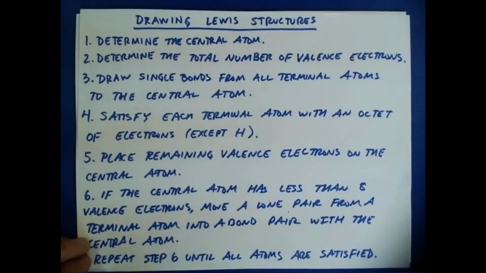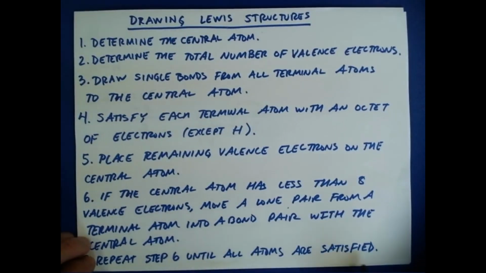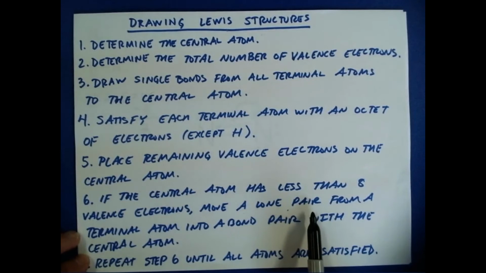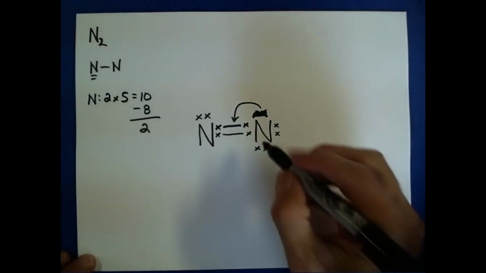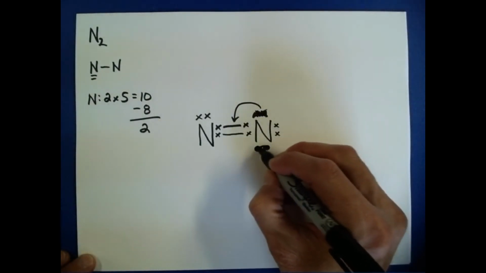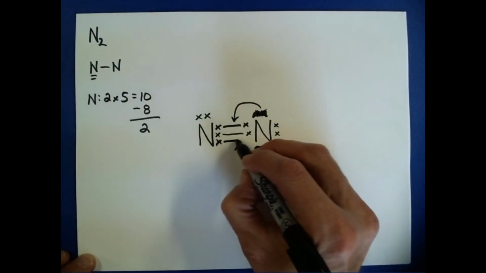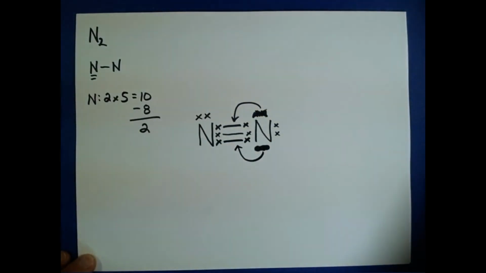We need to repeat step 6 until all atoms are satisfied. So we'll go back here to step 6, and we're going to continue moving lone pairs from that terminal atom into a bond pair with the central atom until all atoms feel like they have 8. So let's go ahead and move this lone pair into a bond pair like that and count.